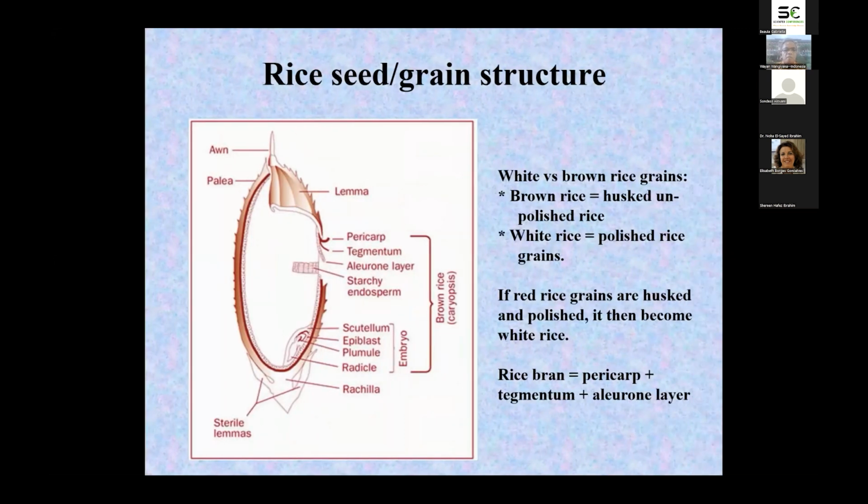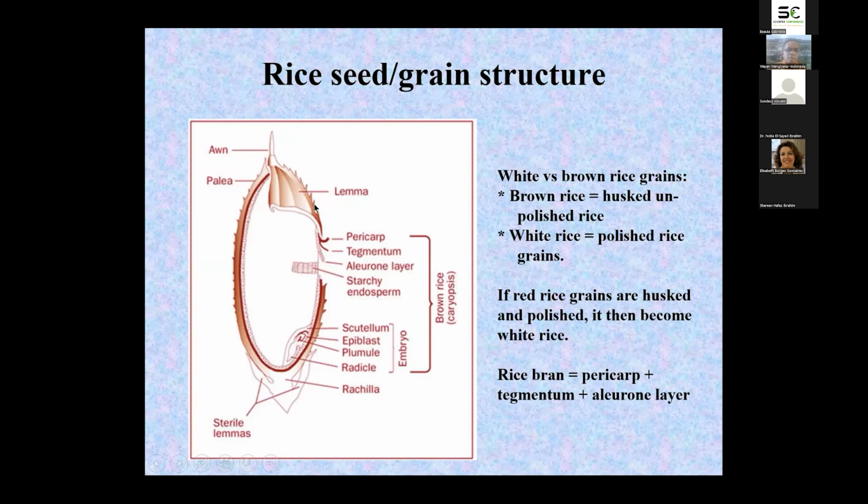Before we talk about anthocyanin in rice grains, this is the morphology of rice seeds. The outer layer, which is very hard, is called palea and lemma, and when we peel this, it becomes husk.